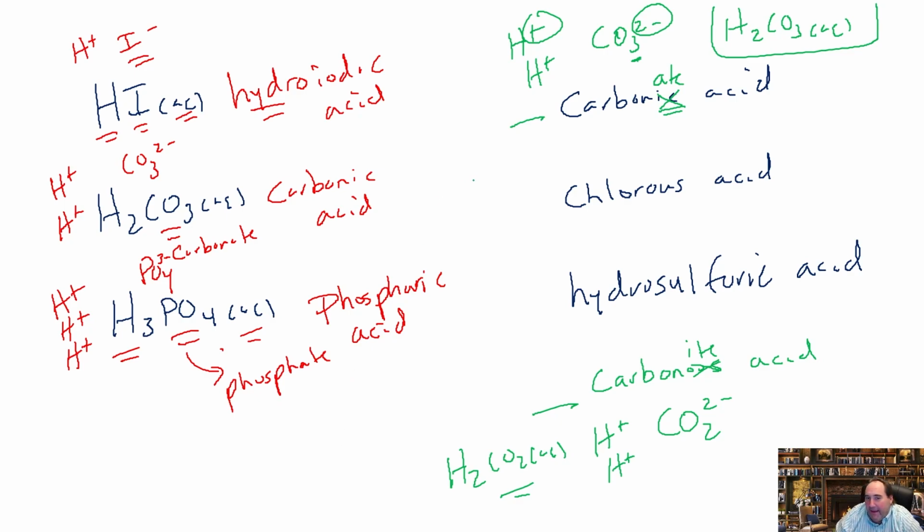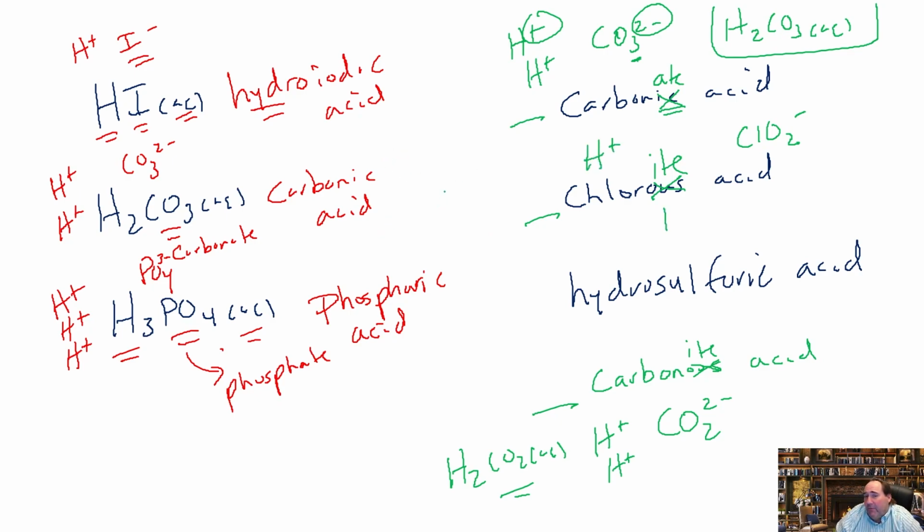All right, so let's come back to this one here. Chlorous acid, once again, no hydro, which tells us it contains oxygen. OUS means it ends in ITE. So that is chlorite. And chlorite is ClO2 minus. And once again, our acid cation is always H plus.